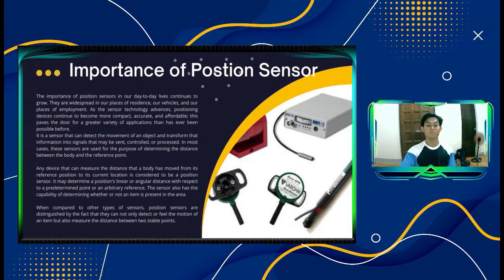In general, the difference of position sensors and other sensors is that it detects or senses the movement of an object and also measures the distance between established points. In general, the position sensor measures distances and detects movements, the measurement from point to point.